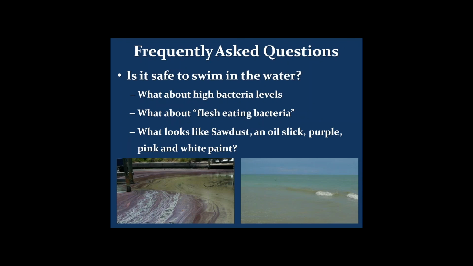Great, thanks. And so some of the other questions we have: during certain times of the year, especially in the transition between the spring and summer, between May and June, we'll see this sawdust-looking stuff on the water. When that stuff washes into the bay and into our canals where it's more stagnant, you'll see that sawdust kind of morph into what looks almost like paint on the water. That's a type of blue-green algae referred to as trichodesmium.